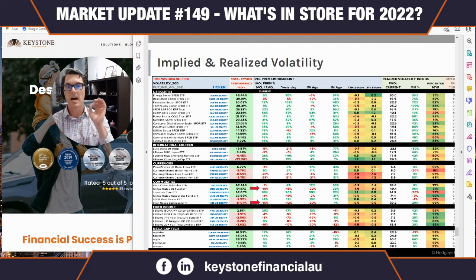We were in the uninvestable bucket, which is 30 vol plus on the VIX for the S&P 500, and on the VXN, which is the NASDAQ, probably similar, 30, 31 plus. Other indices have slightly different metrics, but they were all in that uninvestable bucket, which is why we stayed well clear of them, and we hid out in things like treasuries, other fixed income securities, US dollar and gold, and the like.